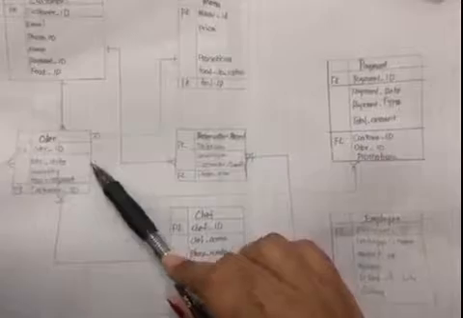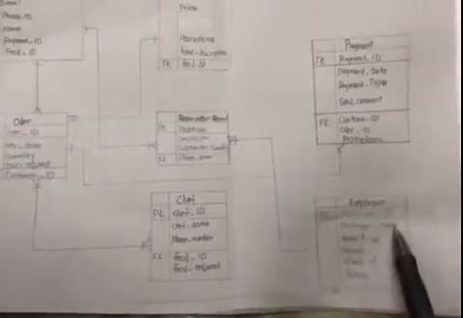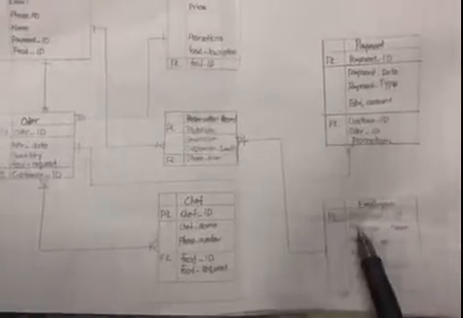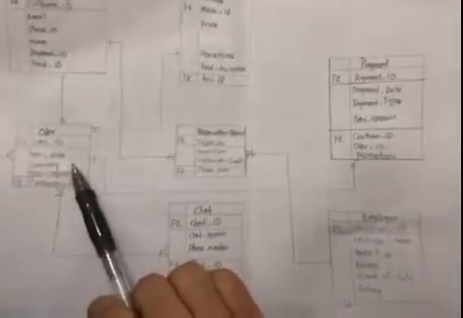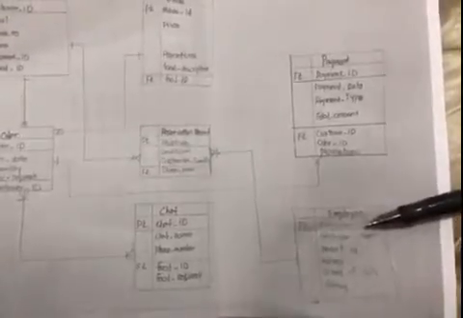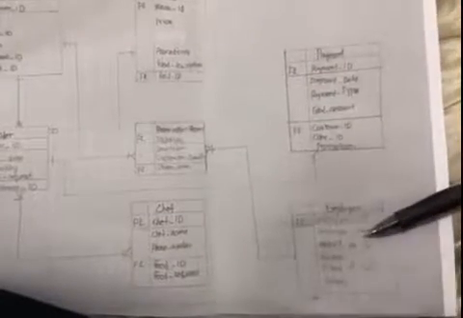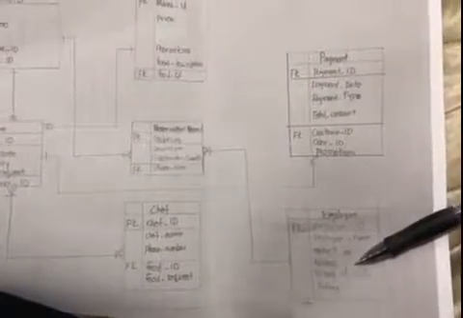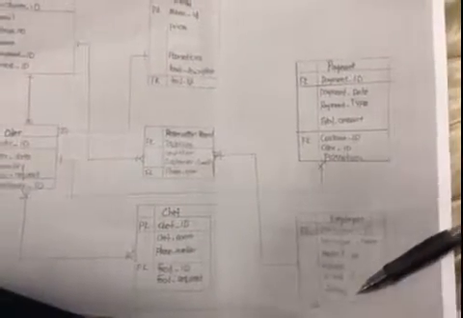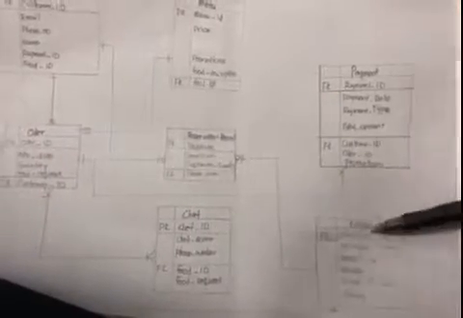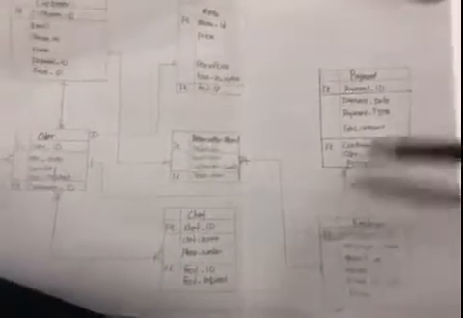Next is order and employee. Order can be taken by many employees, and also many employees can take many orders. For employee, the primary key is employee ID, employee name, contact number, address, schedule of duty and salary. For employee, we don't have a foreign key here.